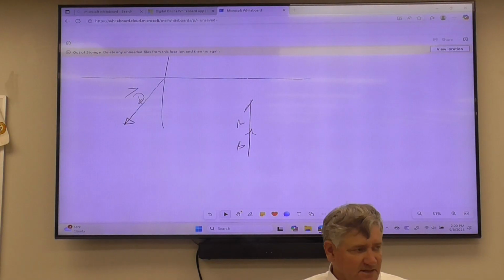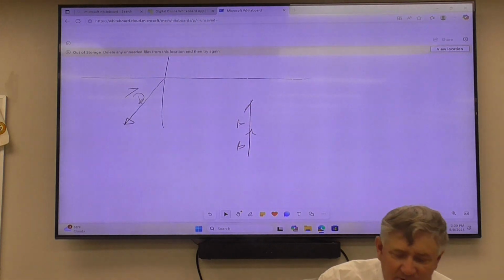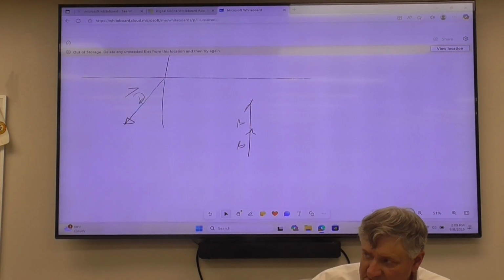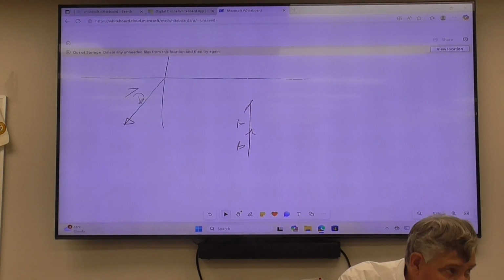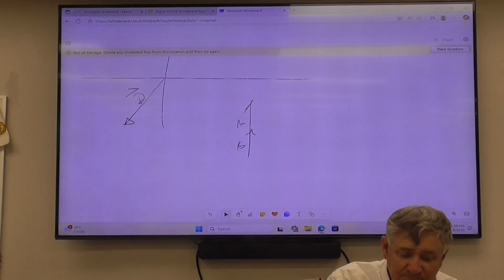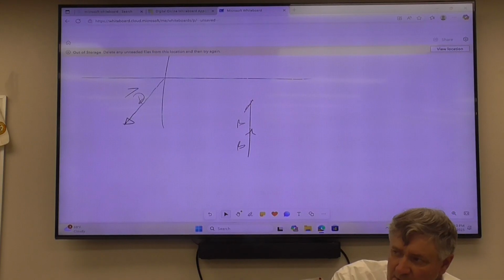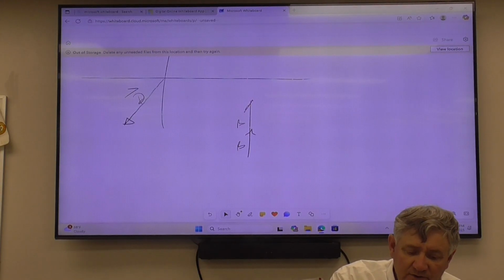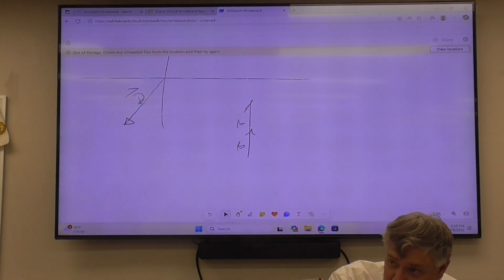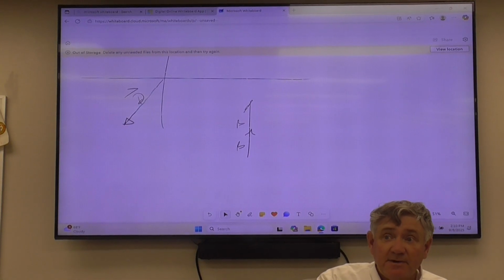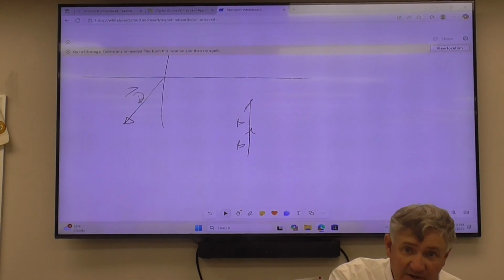Okay? 90 degrees. That's it. You have 1/3 D. So D is going to be pointing in the same direction, but it's going to be 1/3 as long. Now, that last one, you have that -1/2 A. So you're going to take vector A, you're going to flip it around 180 degrees, but then you're going to make it half as long.